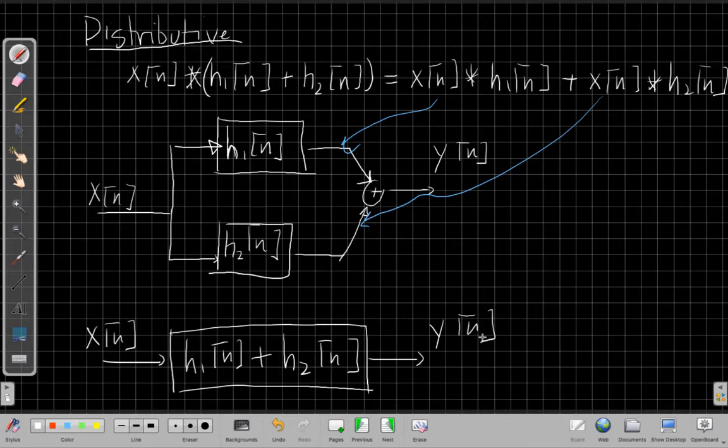Not too hard to imagine how this leads to some efficient or simpler computations. Sometimes I'll look at a parallel combination that's taking up two threads or two cores on my CPU and say, I could just add those two impulse responses and do it together and only need one core. Sometimes I can go the other way too. Sometimes it's very helpful to take one big complicated system and break it into the sum of two pieces and put each of them on a smaller piece of hardware running faster or giving me less latency.